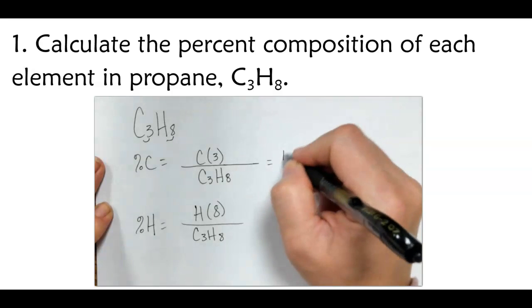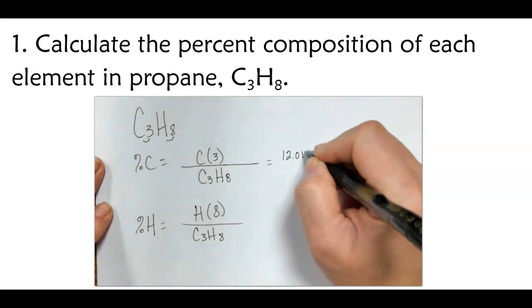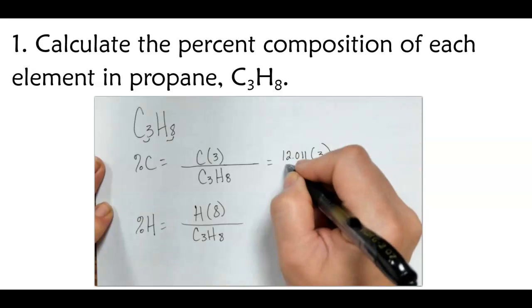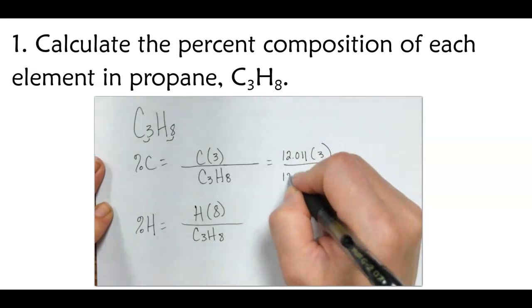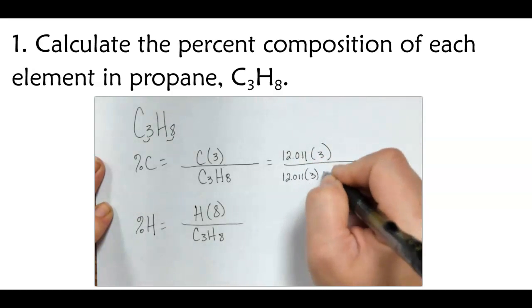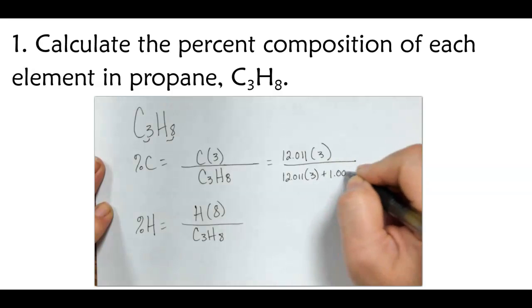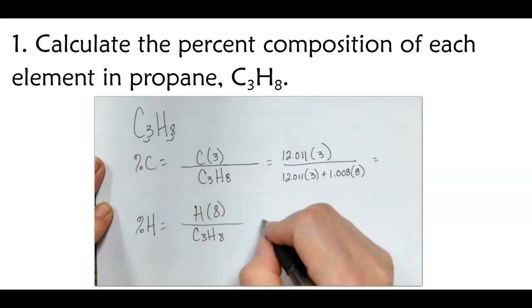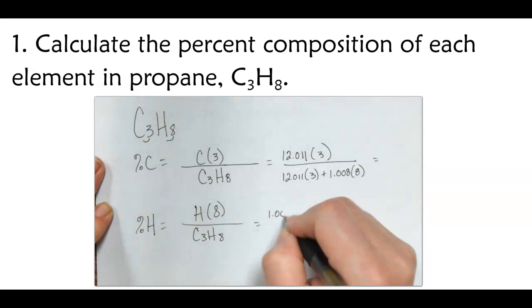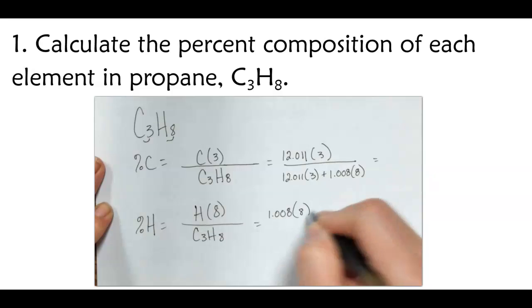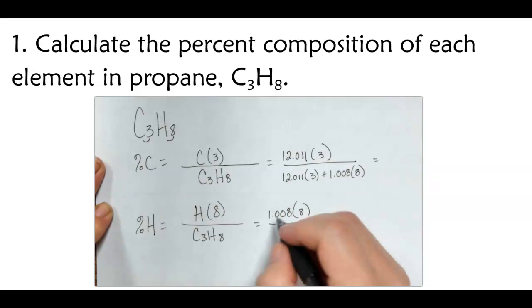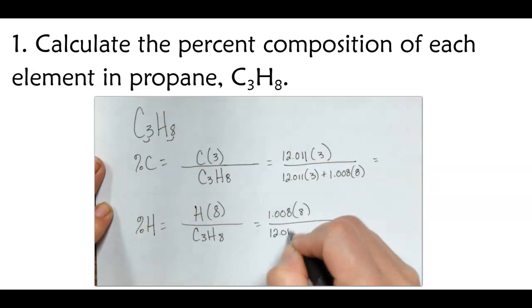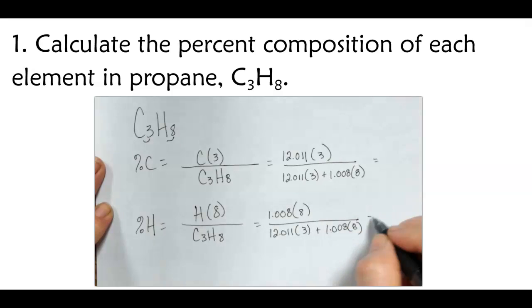So the mass of carbon is 12.011 times 3 divided by, and then we have 12.011 times 3 plus 1.008 times 8 equals. Down here we're going to have 1.008 times 8 of them divided by this same mass of the whole compound that we found up here equals.